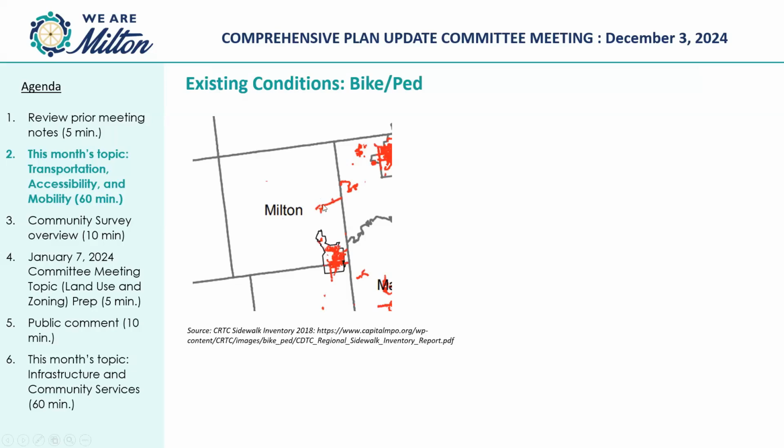This is Geyser, we're kind of right here, and Rowland is here. So there are a few more sidewalks in the town center area. But in general, the town, outside of the village, doesn't have a lot of sidewalk facilities, not a lot of connections.